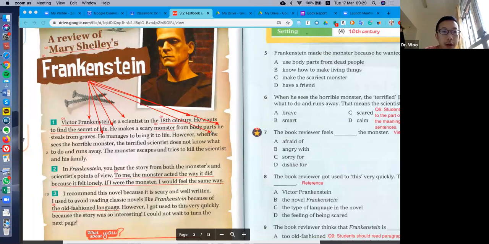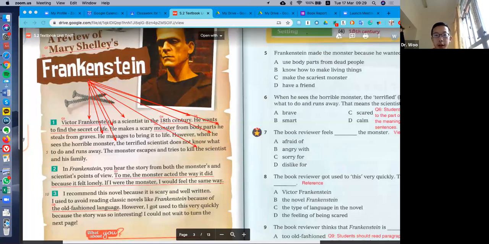The terrified scientist refers to Frankenstein because Victor Frankenstein is a scientist. You see it again, the scientist. So you actually see that Victor Frankenstein is the scientist.